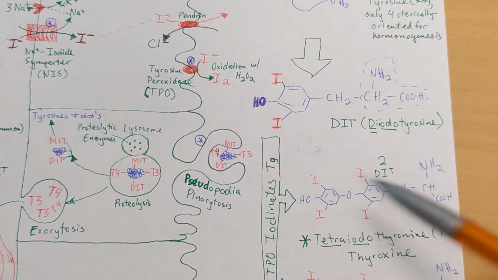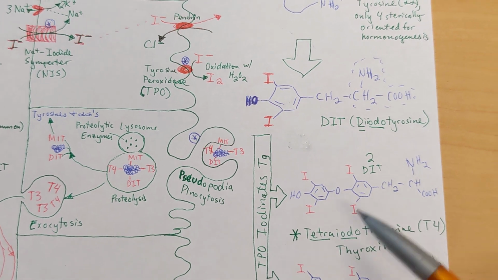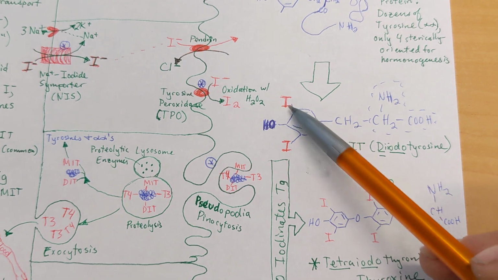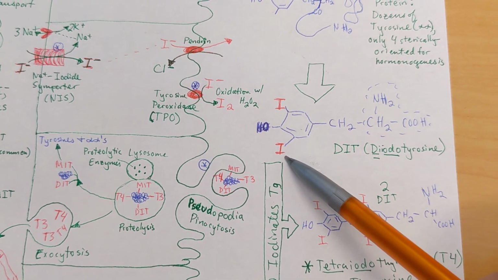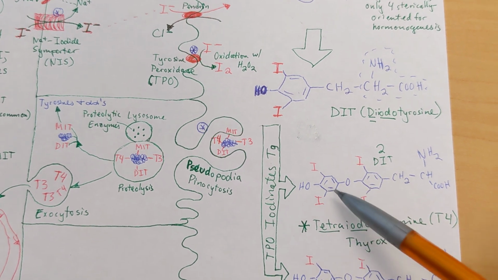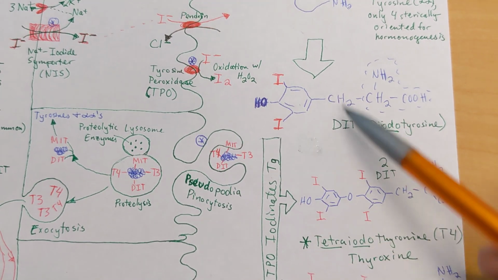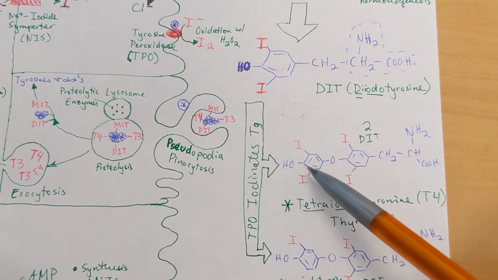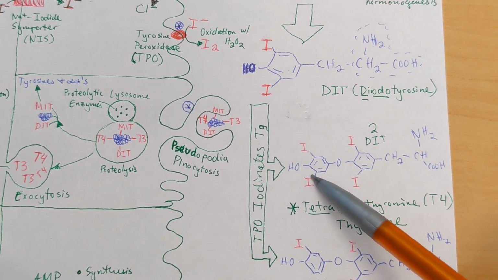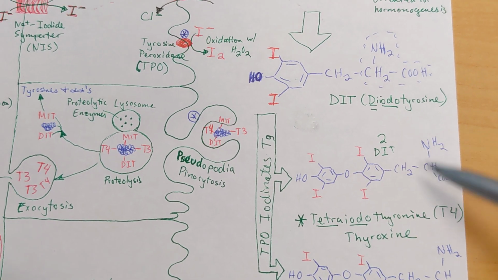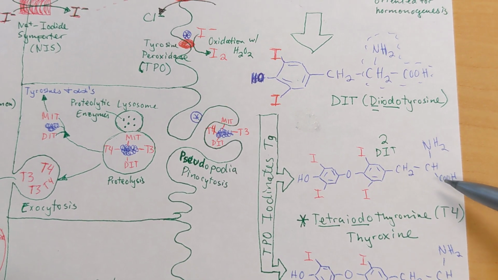It just keeps iodinating anything that it can, and so here we can see it has iodinated these two places on tyrosine to make DIT, and it can also take this entire DIT and join it together with another DIT, so there are two different DIT molecules now, and this entire molecule, again, still attached to the larger thyroglobulin protein.